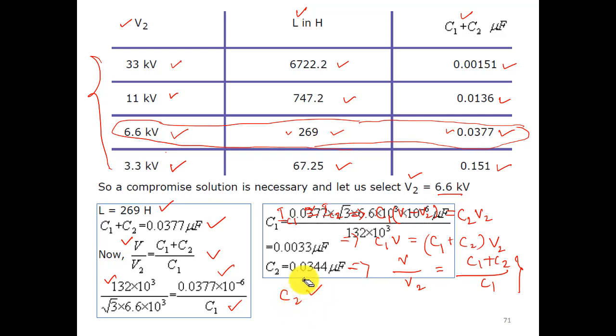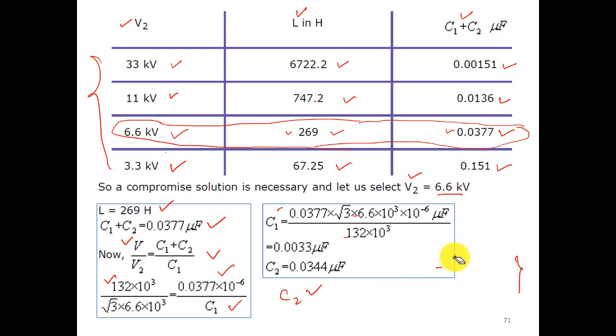Okay, so similarly C2 can be found from this equation. So C1 is found to be 0.0033 microfarad, which is a suitable choice, and we can design a very nice capacitance, right, for C1. And C2 also is found to be 0.0344 microfarad.